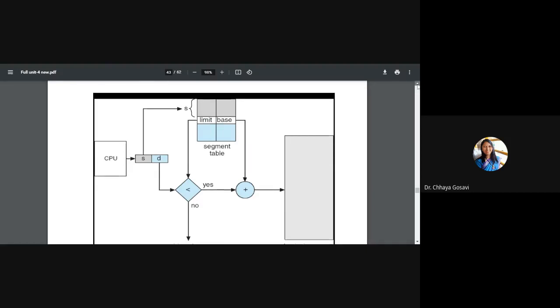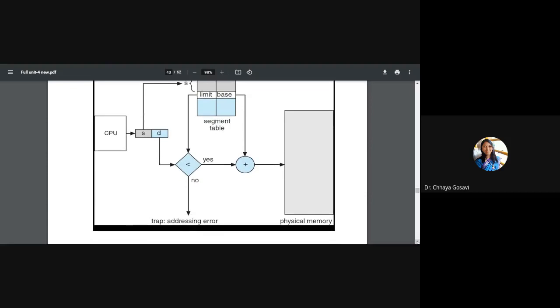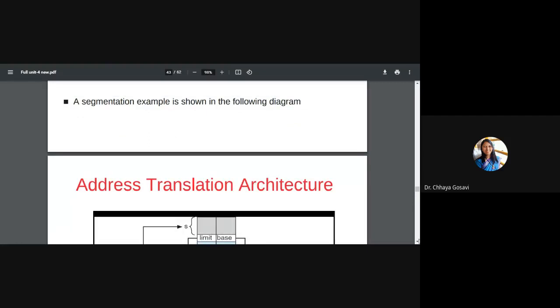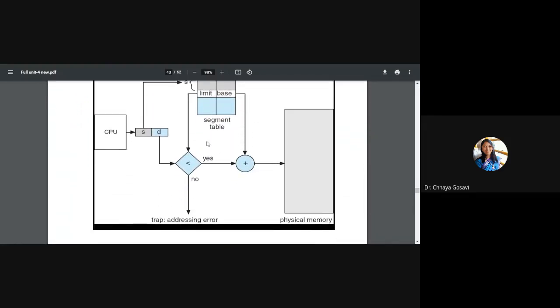It has a limit and a base value. The limit value is used to check whether the offset is within the limit. If yes, then the offset is added to the base and you get the physical address. Otherwise, it traps with an addressing error. Is it clear how a segment address is translated from logical to physical address?